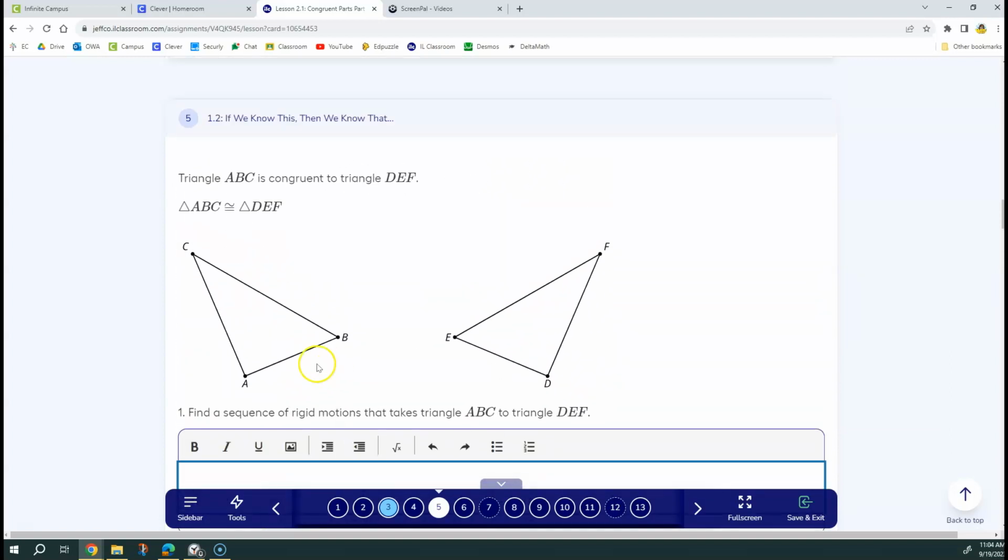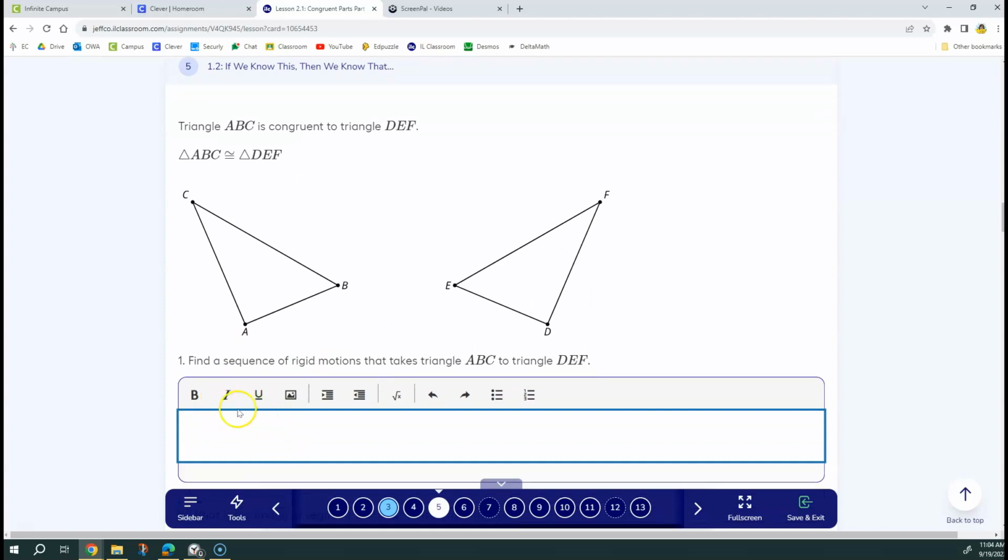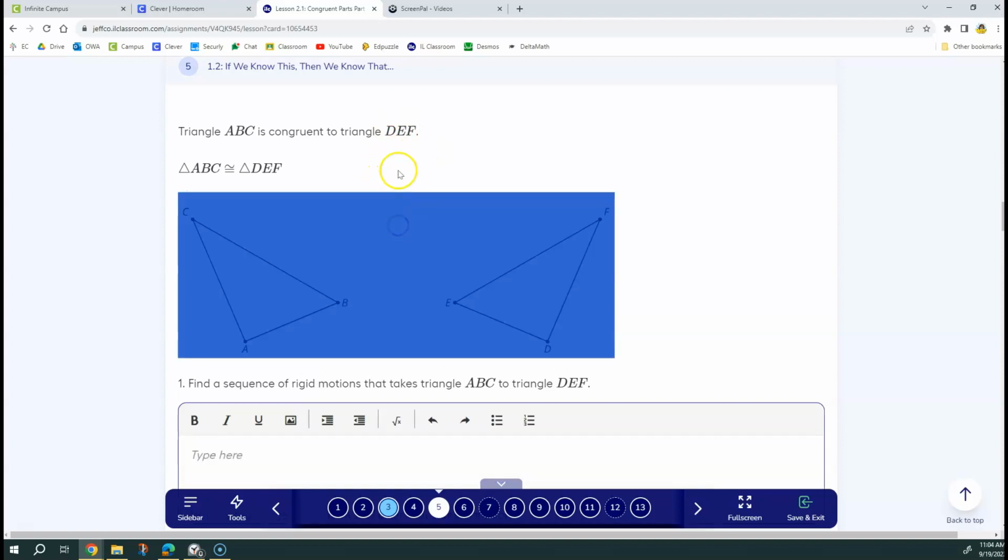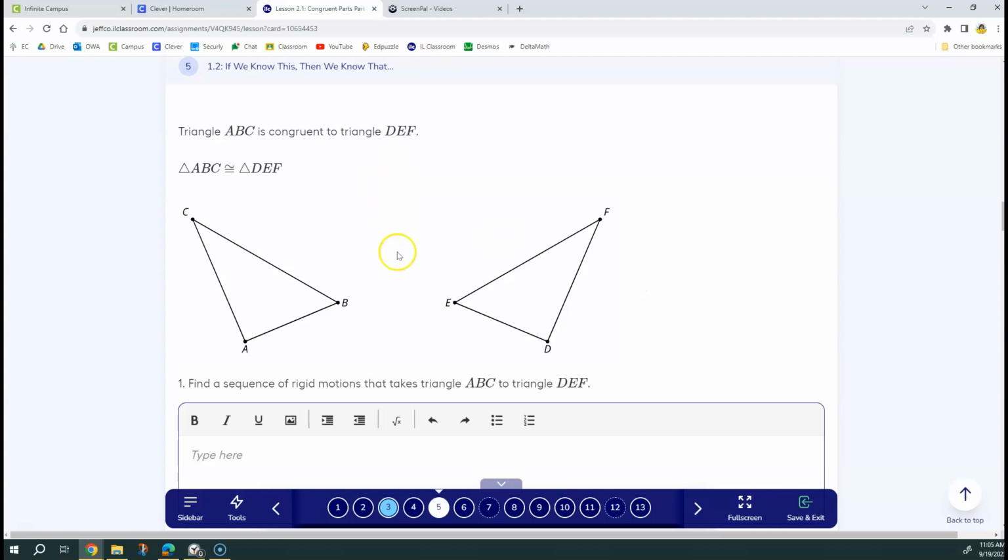Okay, so coming back up here, the sequence of motions, when I look at this, I picture a line that goes vertically right through the middle of the two triangles here.